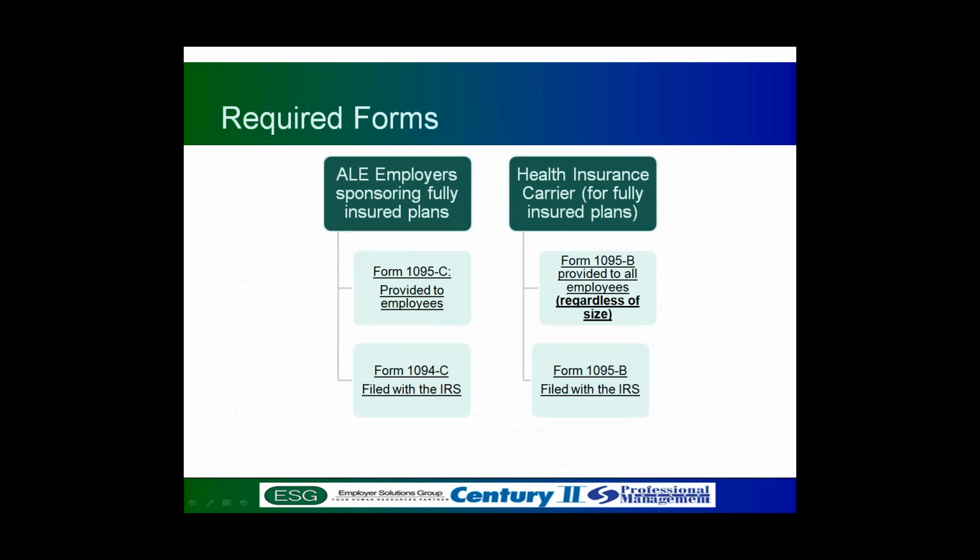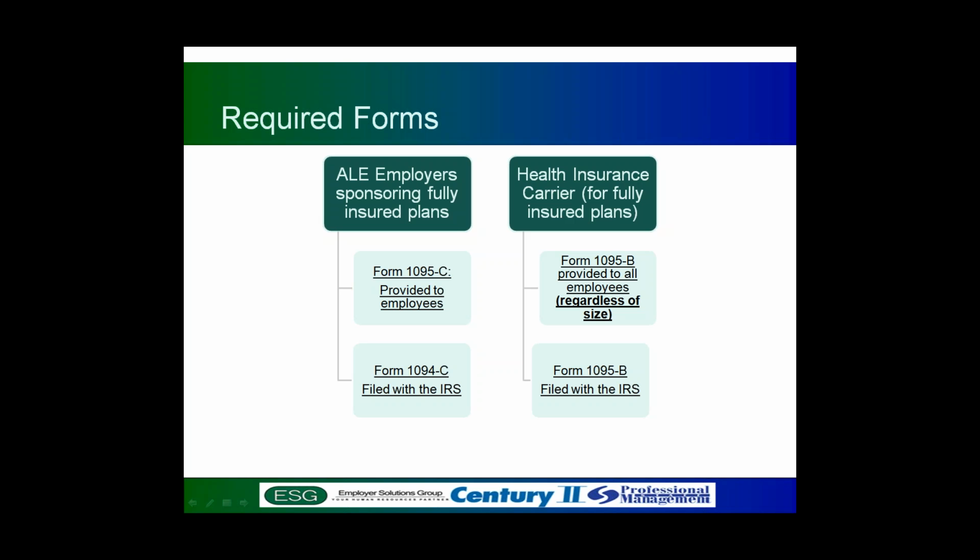So let's just talk briefly about these two forms. So again, the large employer, and again this is 50 plus FTEs, will have a Form 1095-C that's given to the employee, and it's generated essentially at the same time we're generating W-2s, and it essentially provides the employee information of who the employer is and who the carrier is and the months that they were covered on the plan.